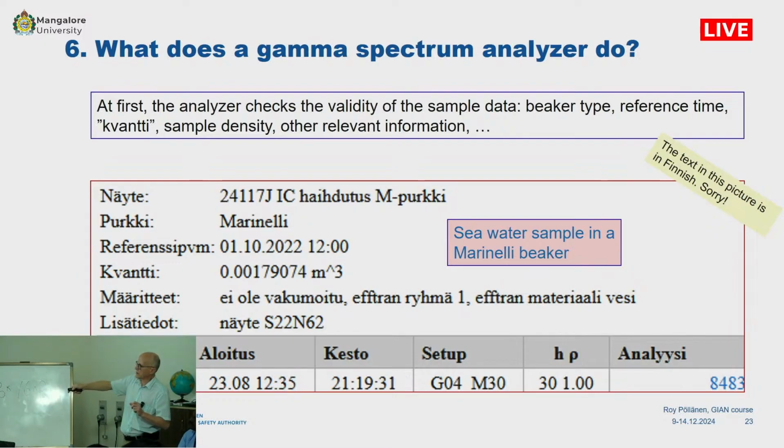Measurement was started at this time. Its duration was almost 1 day. This is detector G4, using a Marinelli beaker. Height of the sample, 3 centimeters. Density, because this is a water sample, density is 1. But at this stage, no spectrum analysis, not yet. We have to check the validity of the basic data first.